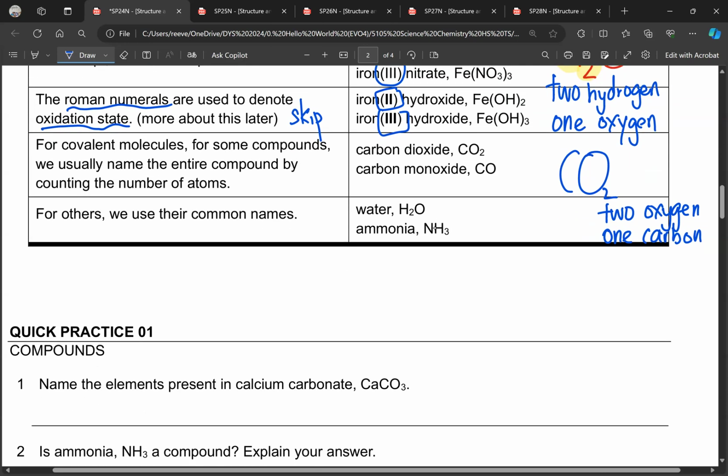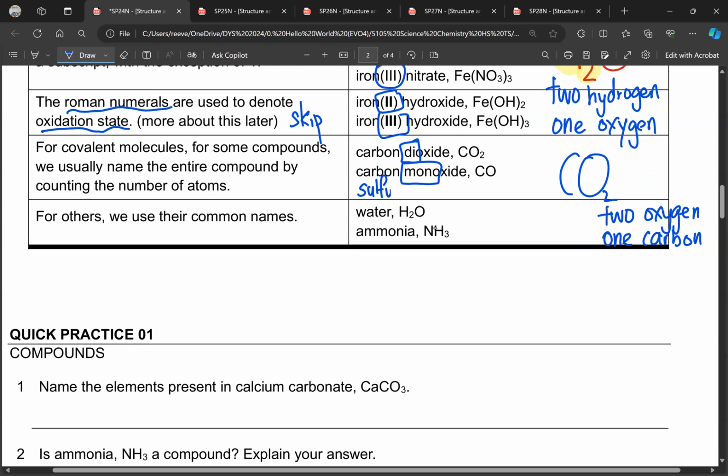For covalent molecules, usually we name the entire compound by counting the number of atoms. So if you see a word di, mono, okay, I give you one more, sulfur trioxide. Tri, you see the word tri, means 3.